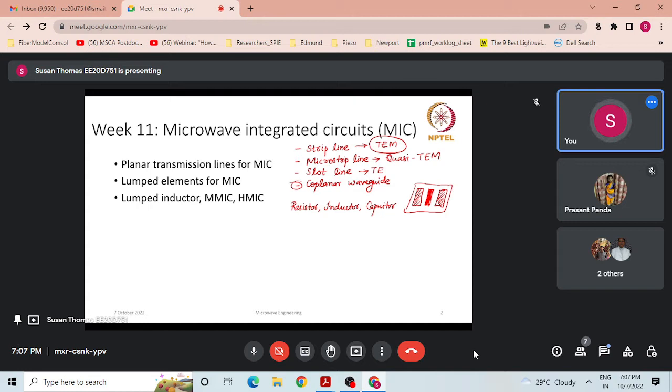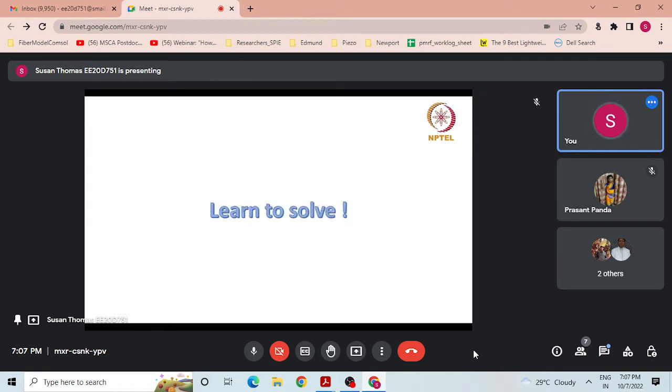Then we briefly covered monolithic microwave integrated circuits and also hybrid microwave integrated circuits. I am not going into the details of each of these. Let me go to some of the questions so that we can discuss some of the theory and some numericals as well.